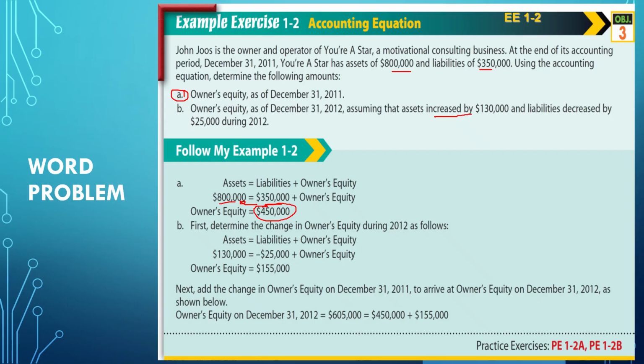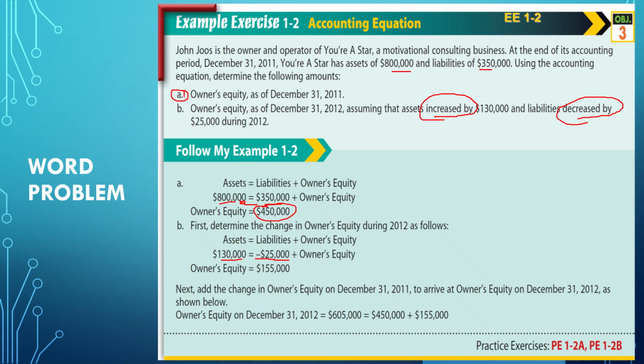There's the word increased by. So we have an increase of 130 in assets, and liabilities decreased by, so for a decrease we write negative, so we have negative 125 for liabilities. So what is your owner's equity change now?